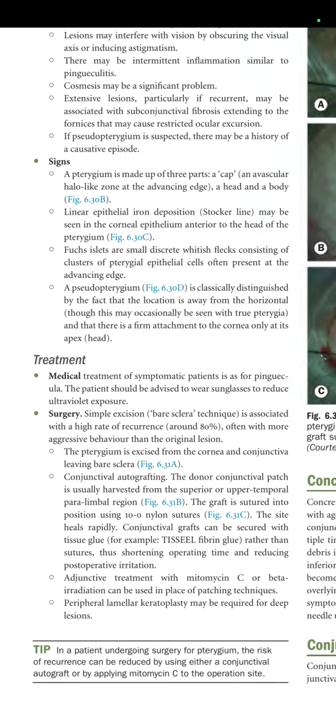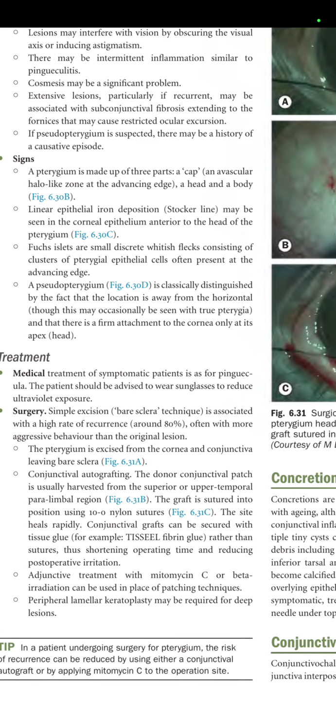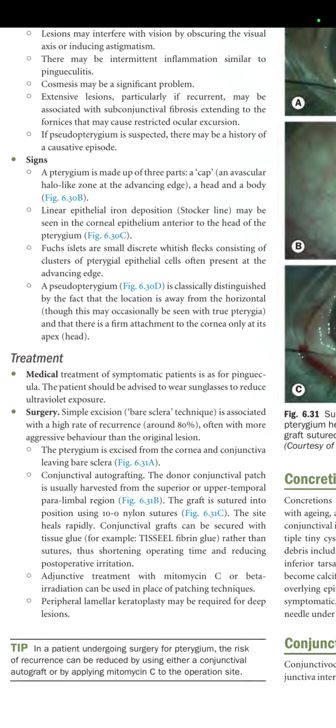And if you cannot use nylon 10-0, you can also use another suture in that case. You can also use mitomycin C or beta radiation if the pterygium is recurring and you are excising a recurrent pterygium. It is very helpful to reduce the recurrence rate.